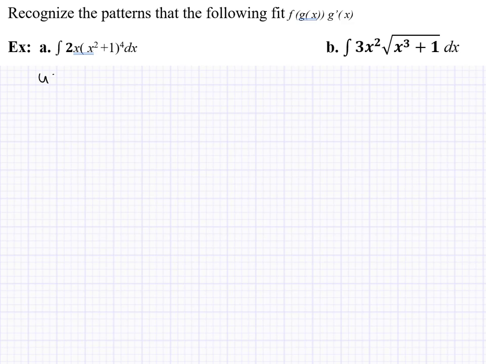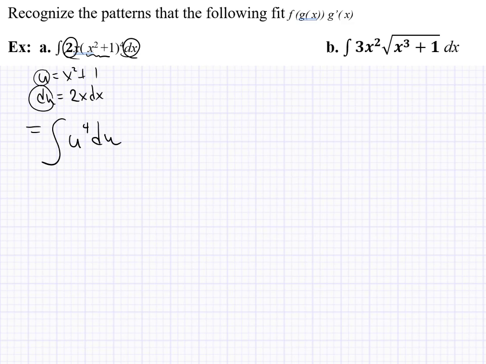If I say u equals x squared plus 1, the derivative of that would be 2x dx. So if I take this 2x and this dx out, I can replace it with a du. If I take this x squared plus 1 out, I can replace it with a u, which would turn this integral into u to the 4th du.